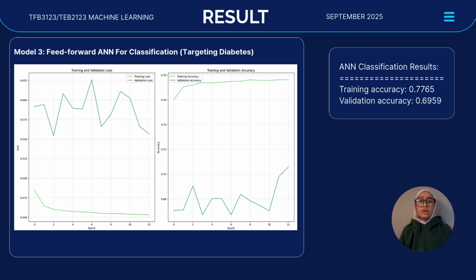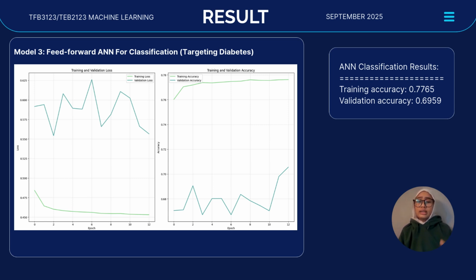However, when tested on unseen data, the validation accuracy dropped to 69.59%. This gap between the training and validation score indicates that the ANN had a tendency to overfit. It learned the training data exceptionally well, but it struggles to generalize perfectly to new real world data.